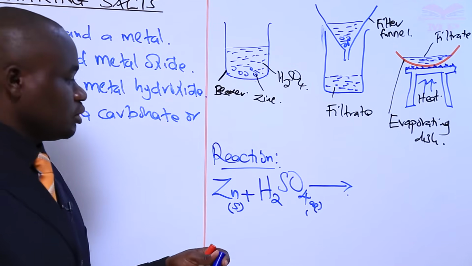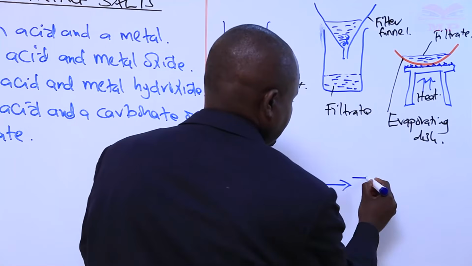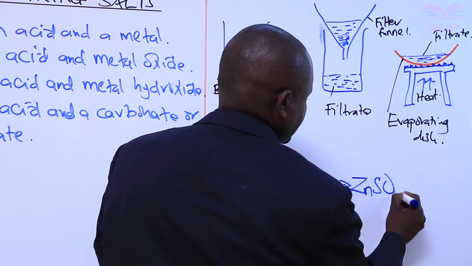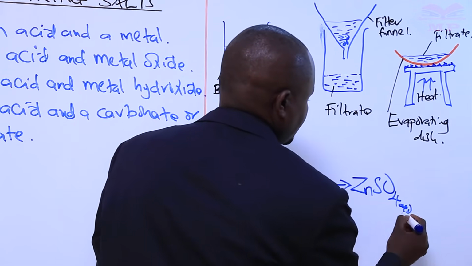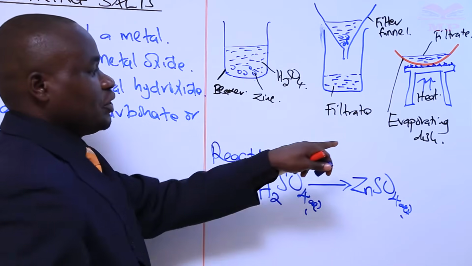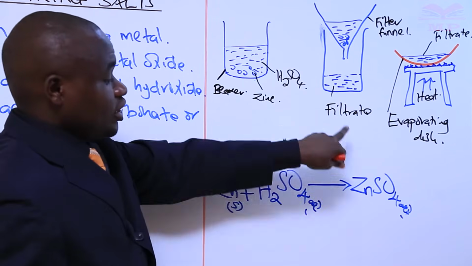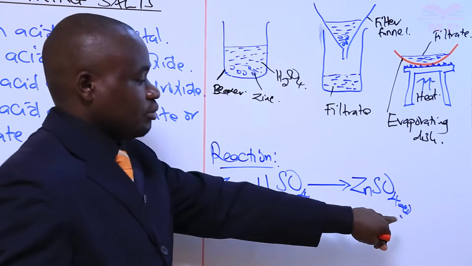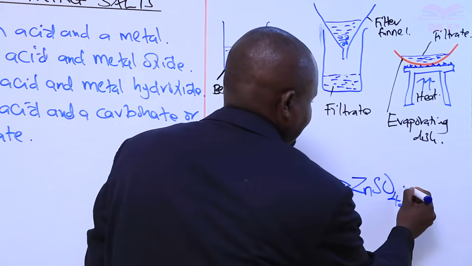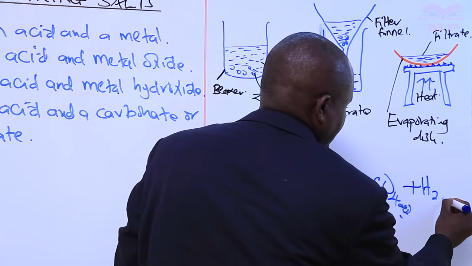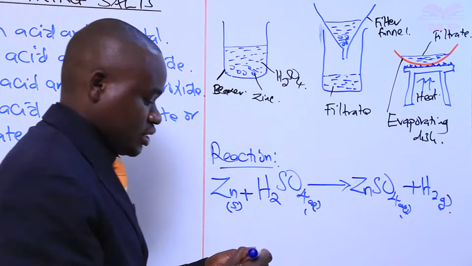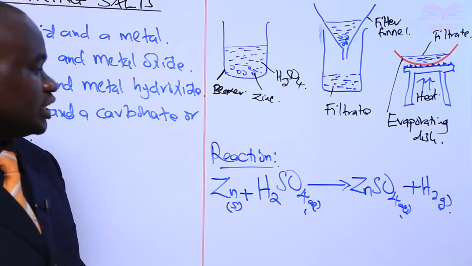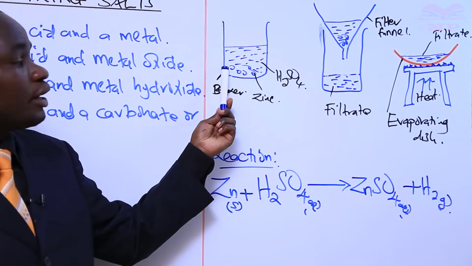Our products will be zinc sulfate, which will be in solution form. That's why we are having it as a filtrate. The salt formed here will be in form of solution. That's why we are putting aqueous, and then plus hydrogen gas.